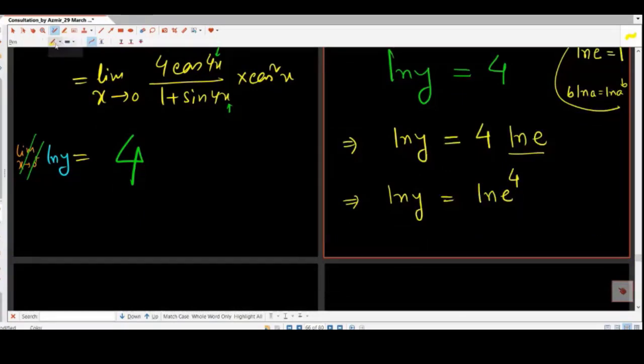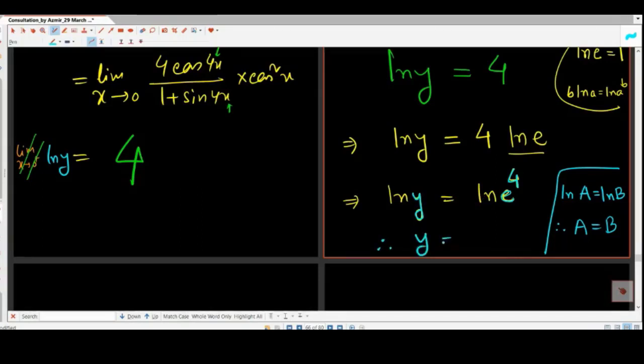Now we can recall another concept. If we have log a equals log b, then we can write a equals b. So we can see that log y equals log e to the 4. So log a equals log b. That means a equals b.